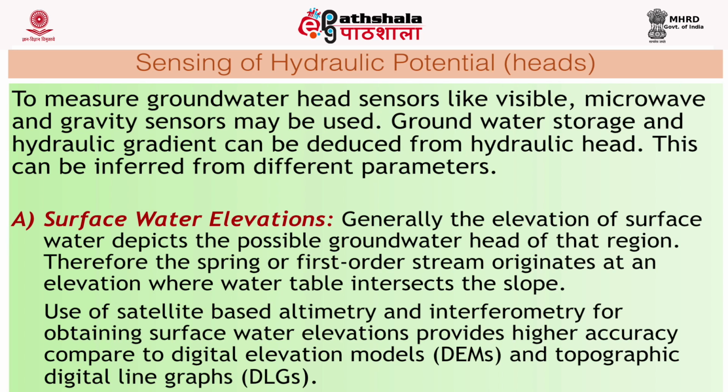Therefore, a spring or first order stream originates at an elevation where the water table intersects the slope. Using satellite based altimetry or interferometry to obtain surface water elevation provides higher accuracy compared to digital elevation models and topographic digital line graphs. We can use these satellite images to get information about the surface water elevation of that region.